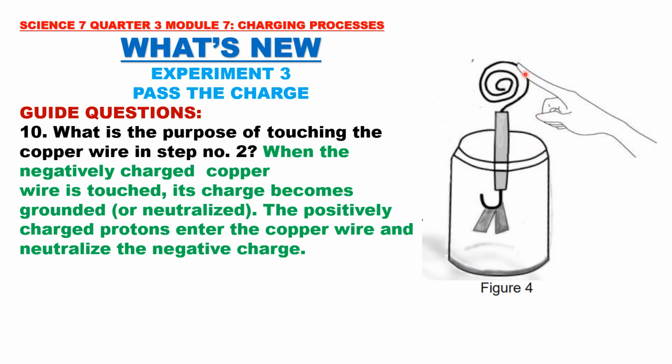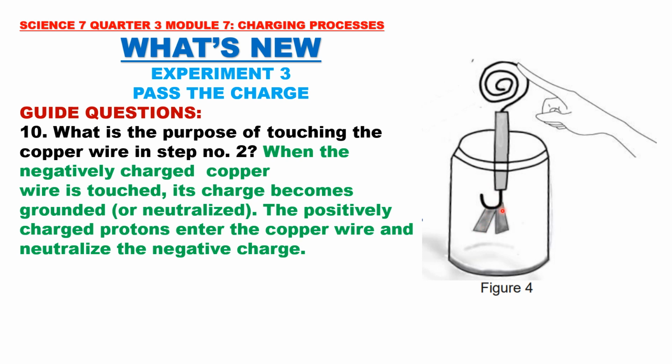So, nung hinawakan ng daliri yung copper wire, ang nangyari, yung ating copper wire na negatively charged ay na-grounded or na-neutralize. So, lahat ng excess negative charge ay na-balance out. So, pumasok ang positively charged proton sa copper wire at na-neutralize niya yung negative charge.